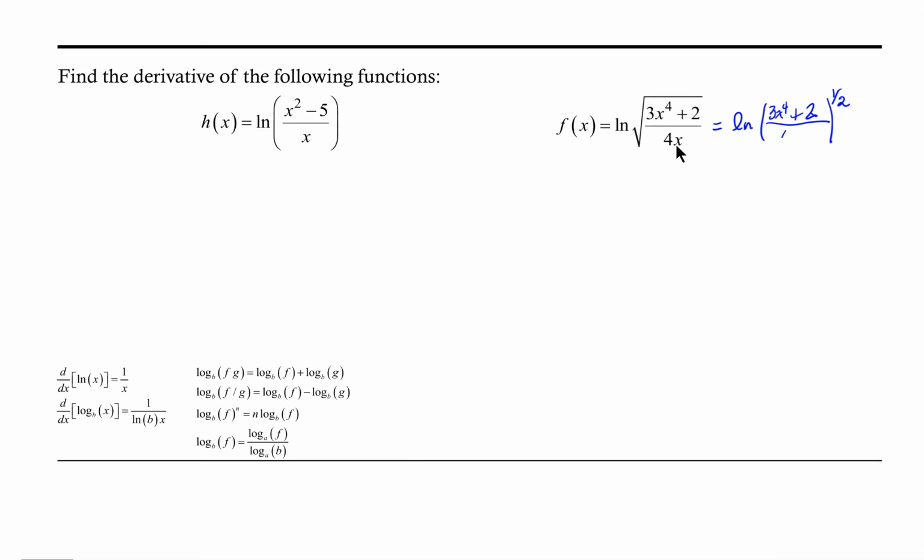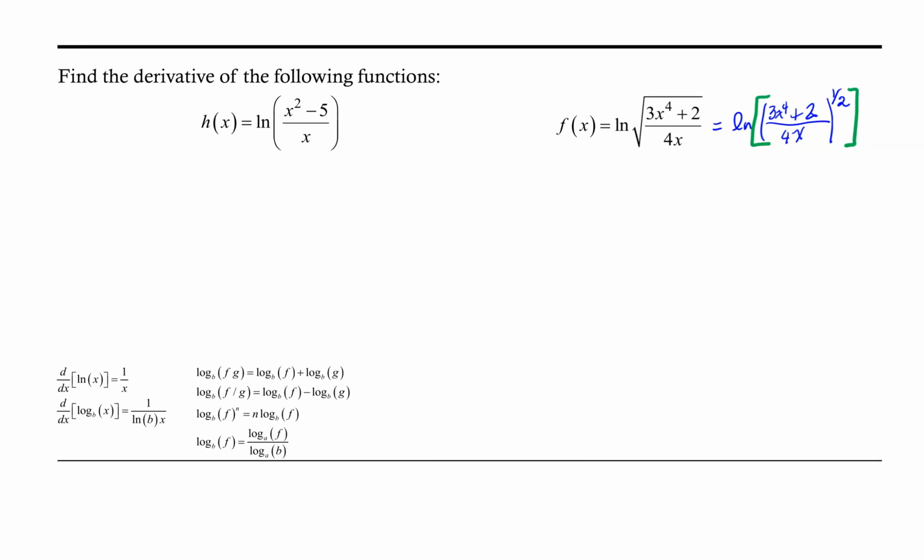divided by 4x. And what I want you to notice is that the argument to the natural log function is 3x to the fourth plus 2 divided by 4x, all raised to the 1/2 power. So if we think about applying the chain rule and the product rule to this, hopefully you're recognizing that this could get rather messy.